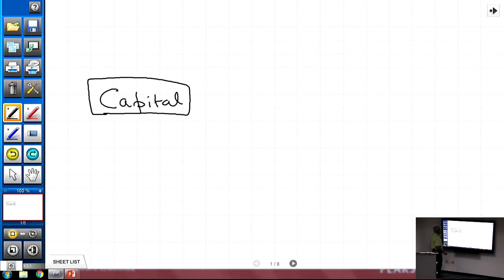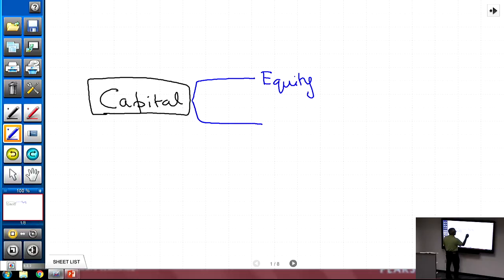Capital in this context is the financing that the company uses to essentially invest in its assets and produce its products, goods, and services. So there are two sources of capital for a firm. Mainly, you have equity and debt.